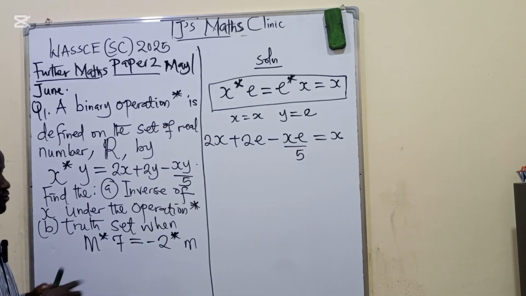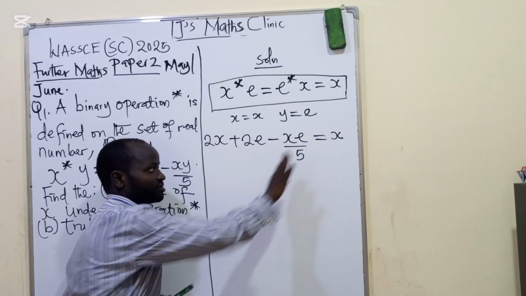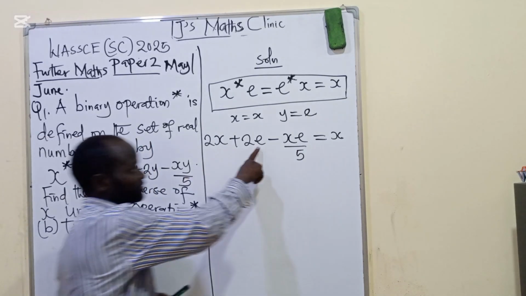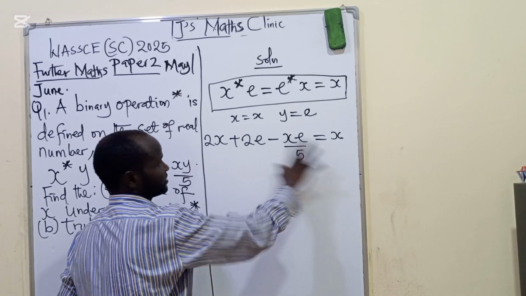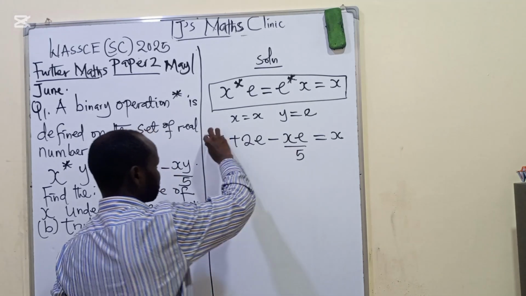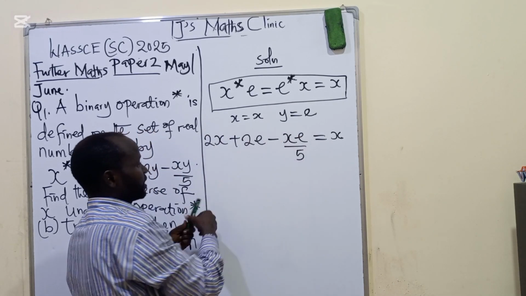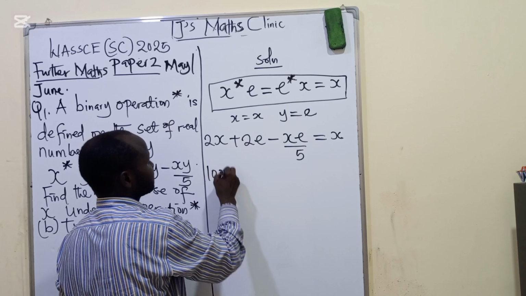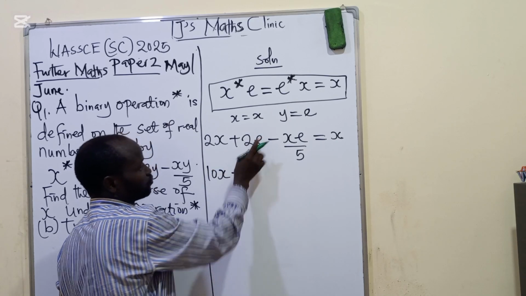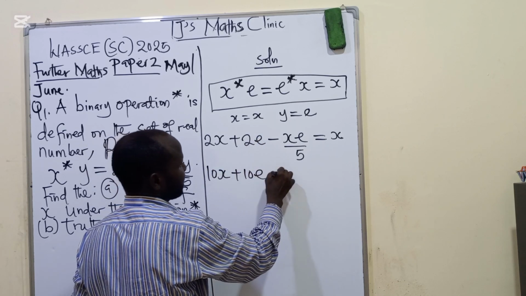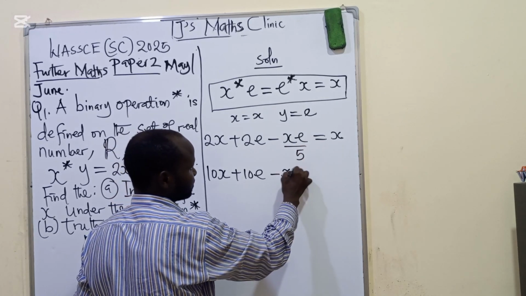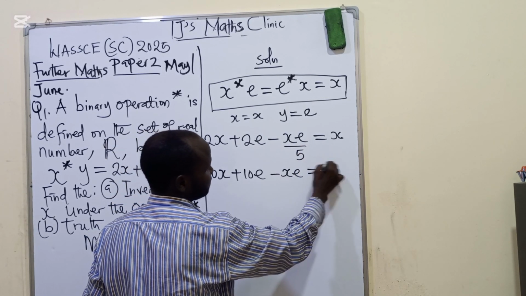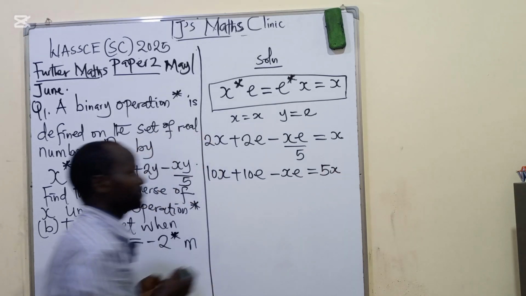Very important. The next thing for us to do is to clear this fraction and make the identity element e the subject of the formula. So 5 is the LCM. Let's multiply through by 5. Multiply each term by 5. Now 5 times 2x will be 10x, plus 5 times 2e, that will be 10e, minus xe, equals 5 times x, that will be 5x.